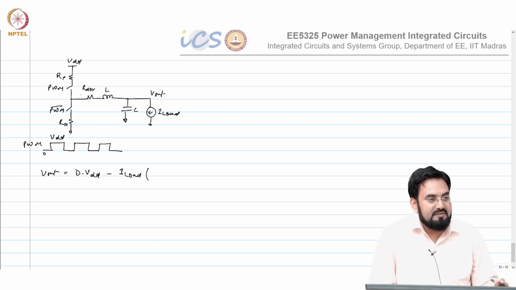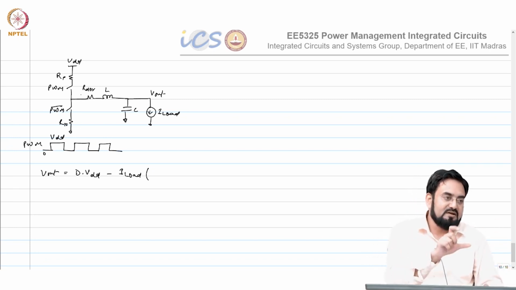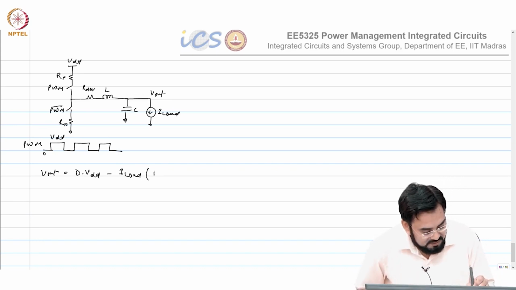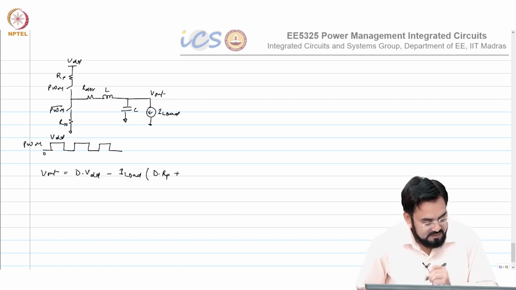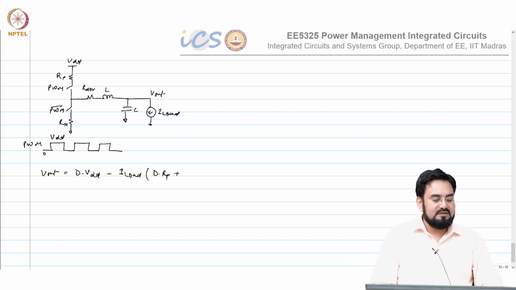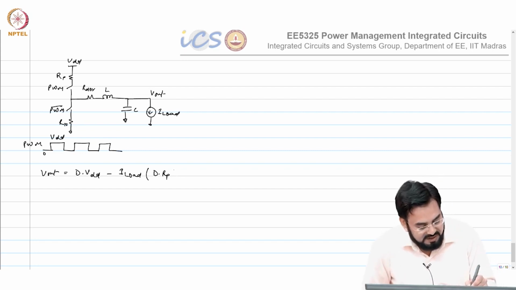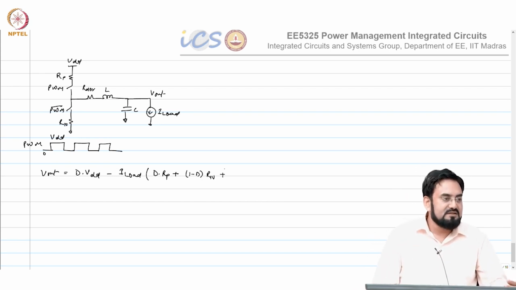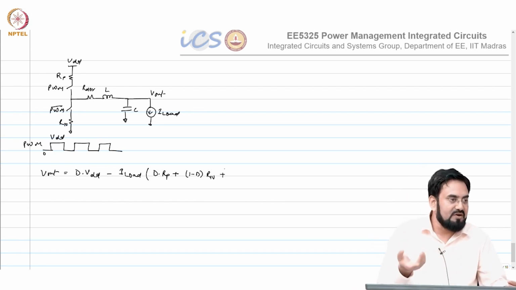So, during on time the top switch is on, so the loss will be across your RP. So, D times RP, then during off time, 1 minus D times RN, and the current in the inductor is continuous, the current will flow during both on and off time.